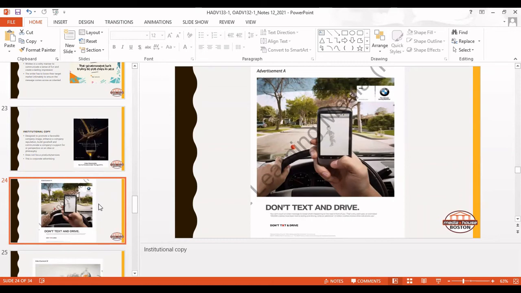Then we also talked about the testimonial copy, which recounts the testimony of an individual. That is basically a person's written or spoken statement based on their experience with a product or a service. However, remember on the testimonial copy, the testimony must be honest, believable, and delivered by a spokesperson that the audience can trust or relate to.